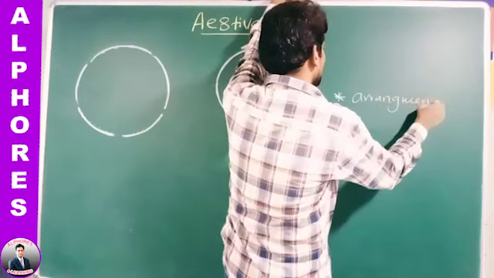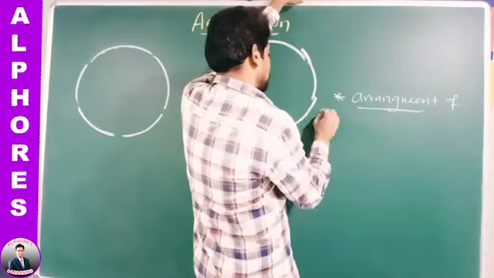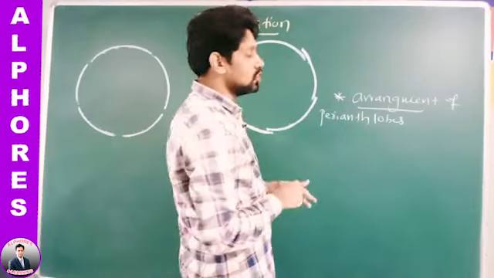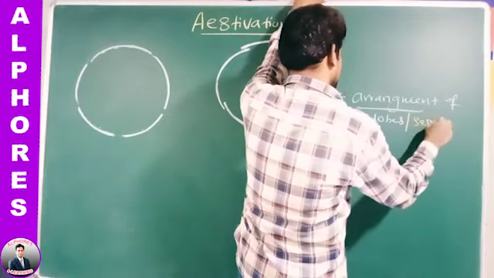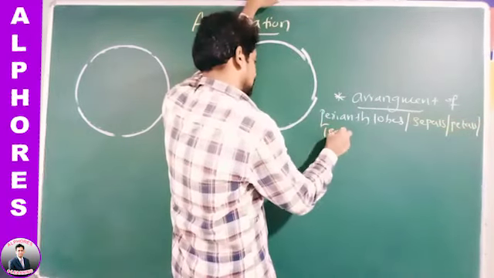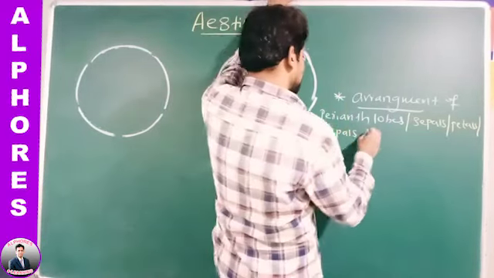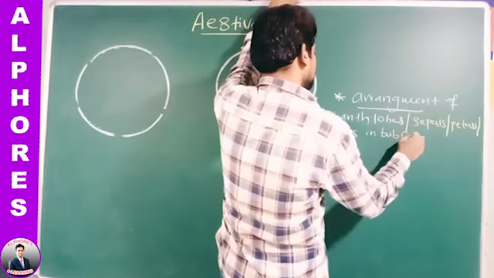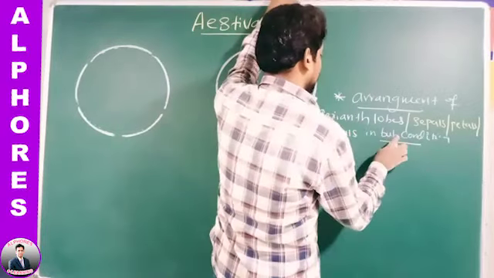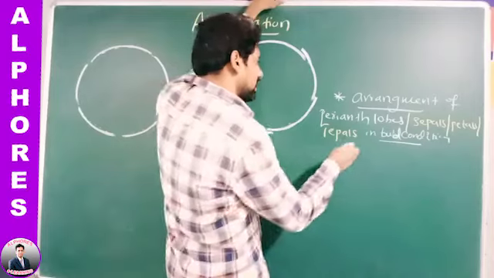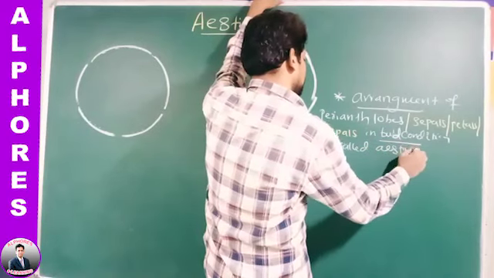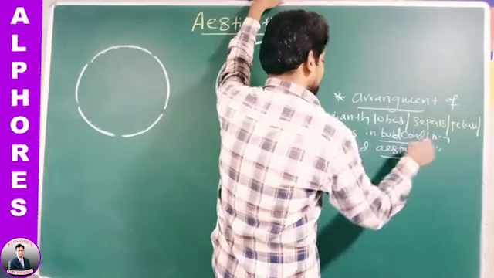Arrangement of perianth lobes, or sepals or petals or tepals, in bud condition. This is called estivation.